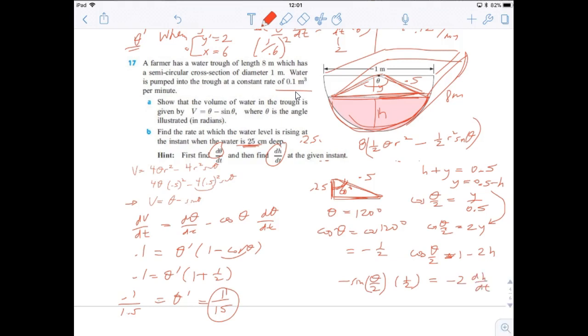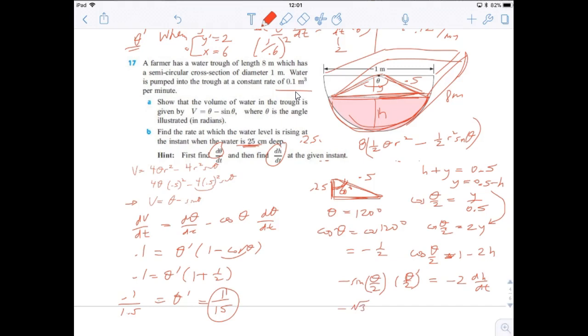So the chain rule of theta divided by 2 would be 1/2 times theta dash, right? Theta dash is 1 over 50. We can substitute that in. We know that theta divided by 2 is 60 degrees. We can substitute that in. Sine of 60 degrees is square root of 3 over 2.